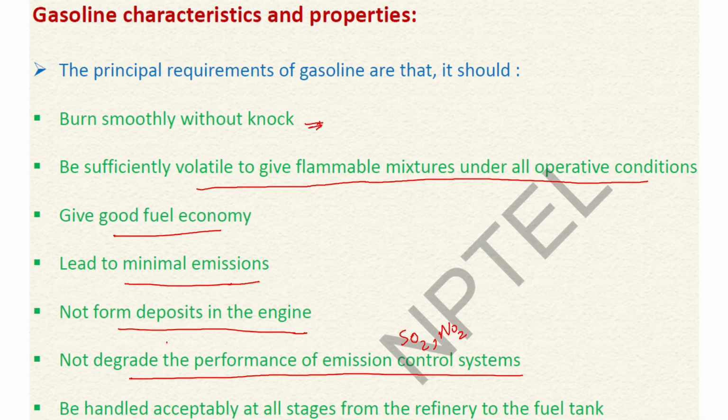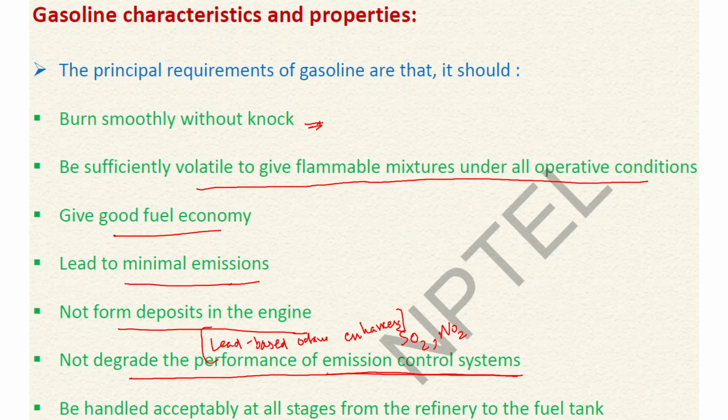So, if some lead-based octane enhancers, as we studied earlier, are present in the gasoline, then these lead-based octane enhancers deactivate the catalyst present in these emission control systems and may degrade their performance. So such additives should not be present in the gasoline.